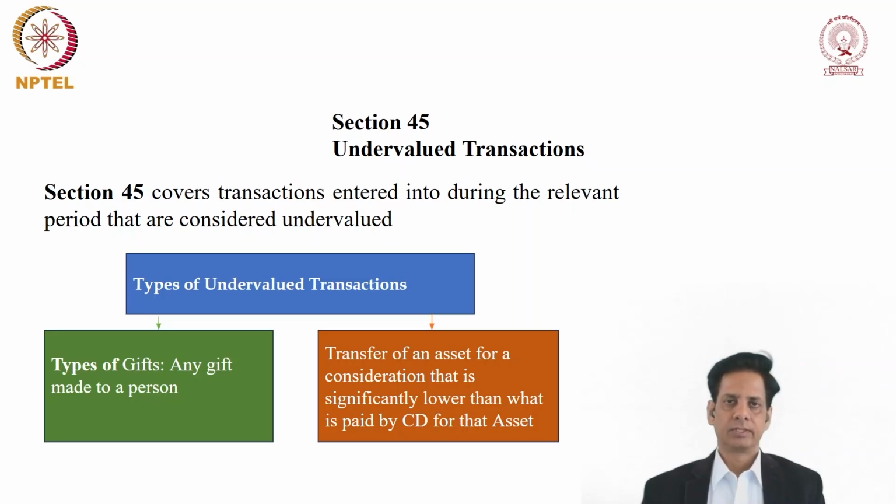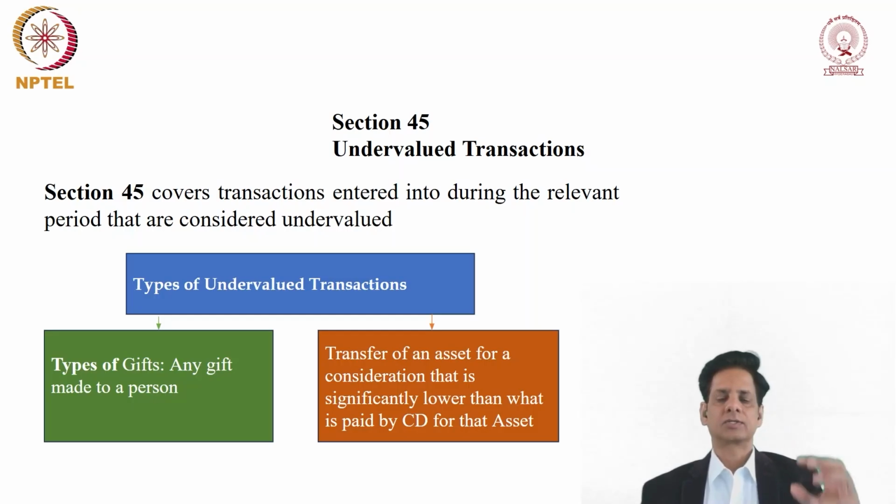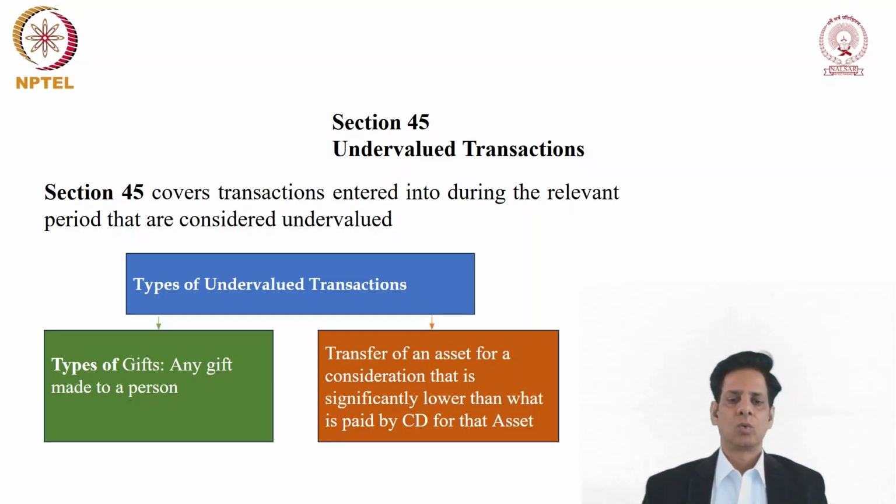Part 2. If the company has transferred an asset for a consideration that is significantly lower than what was paid by the corporate debtor for that asset, then such a transaction can be called an undervalued transaction. Let's simply understand what I mean.